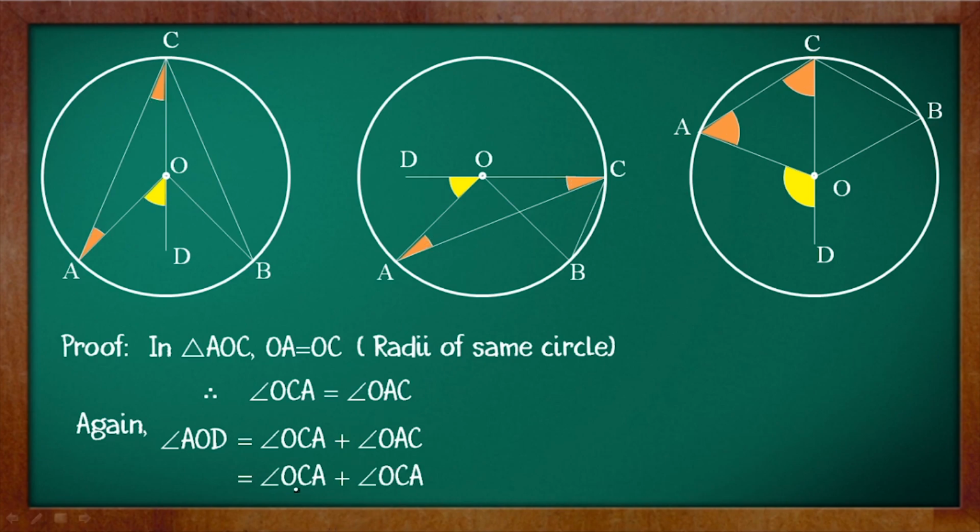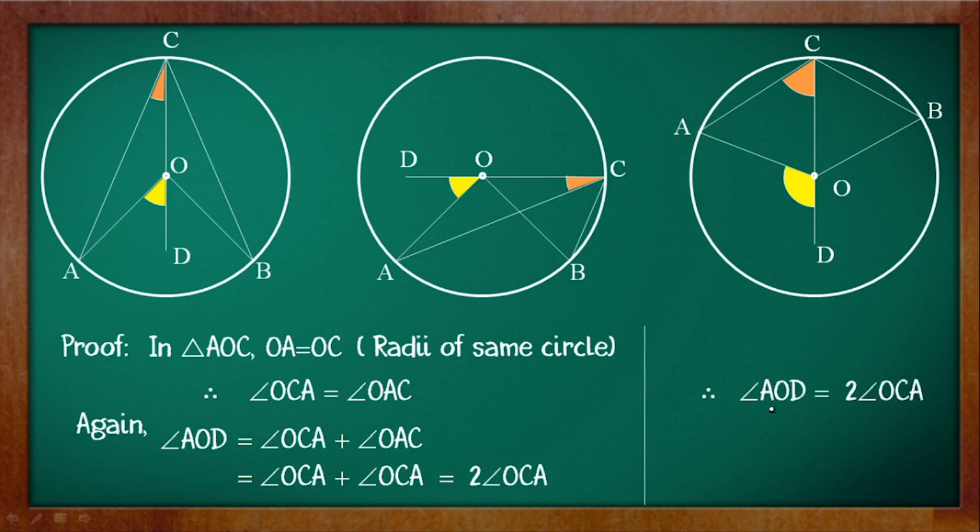Adding, we get 2 angle OCA. So finally we get angle AOD is equal to 2 angle OCA. That means this angle AOD is twice this angle here. This angle is twice this angle, and this angle is twice this angle. Okay, so half of the proof is done.